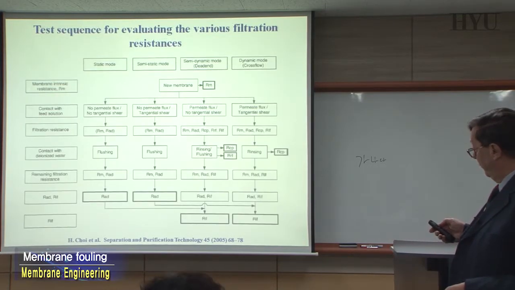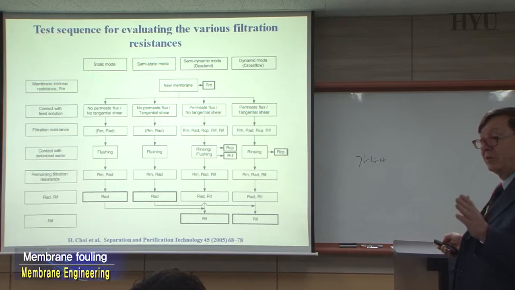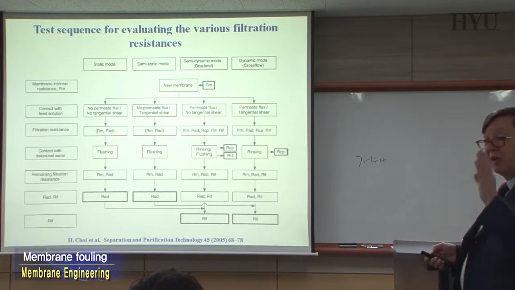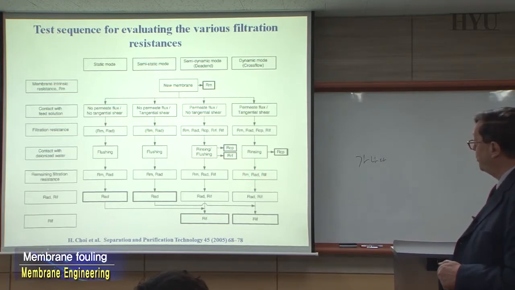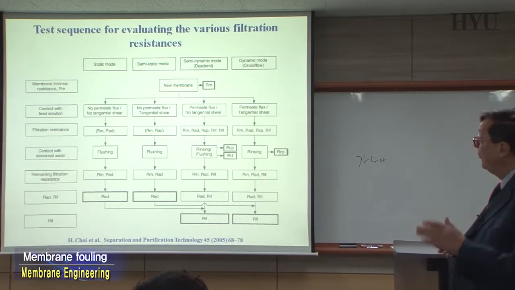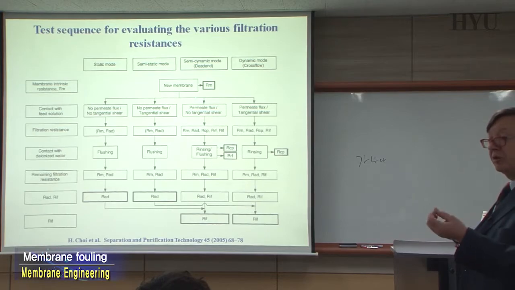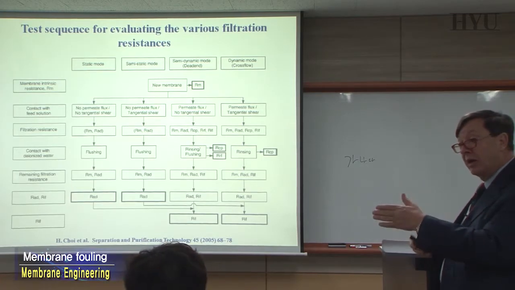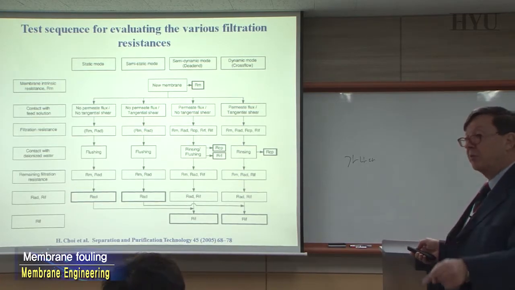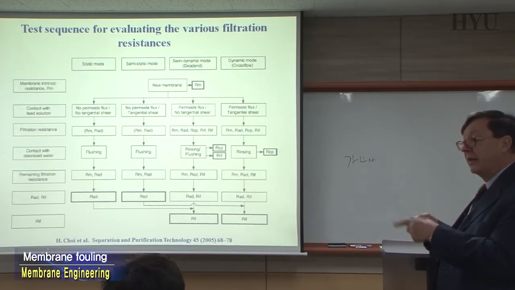I would mention here that if Professor Choi was trying to have some very good PhD student, try to fractionate all the different kinds of fouling you can have: the irreversible one, the one related to the absorption, the one related to the membrane itself, etc. And if you have a new membrane where the only thing that you know is the intrinsic membrane resistance, after that you can start to elaborate some tests, one by one, in which you can induce irreversible fouling by penetration of some particle that can go inside the pore, block, and never go out.